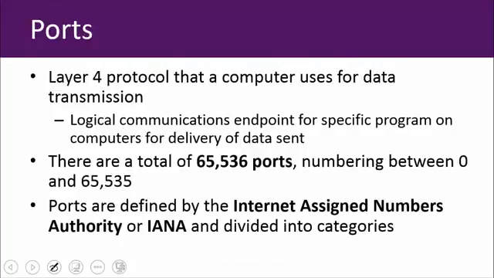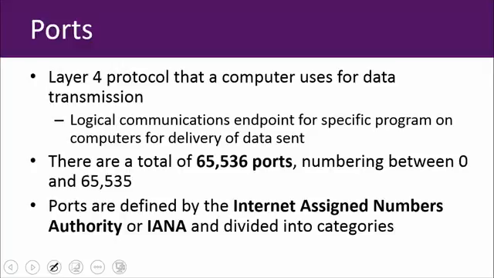All right. Another construct of the TCP layer, or layer 4, the transport layer, is ports. Ports are used for sending and receiving data transmission, right? All that ports are is they're like little doorways that are dedicated to specific programs or specific types of data and protocols.